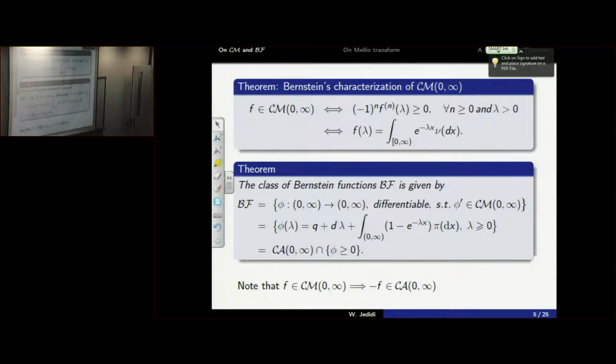This class of functions has a simple integral representation. They are present in the nice theory of infinitely divisible measures. A simple example of an infinitely divisible measure is the Lebesgue measure restricted on R plus.